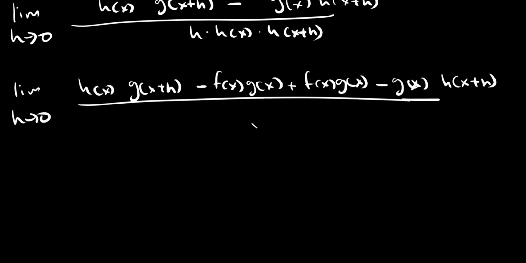All right. So let's write it over the denominator h. Right, so I can just rewrite my limits as I want. Why did I write f? It's supposed to be h.